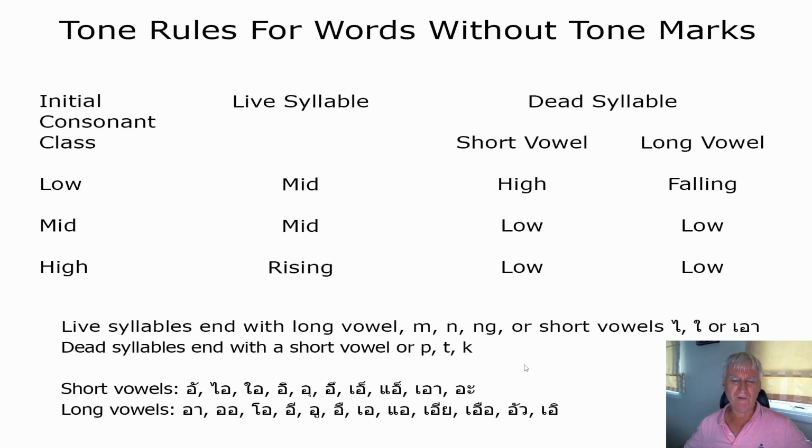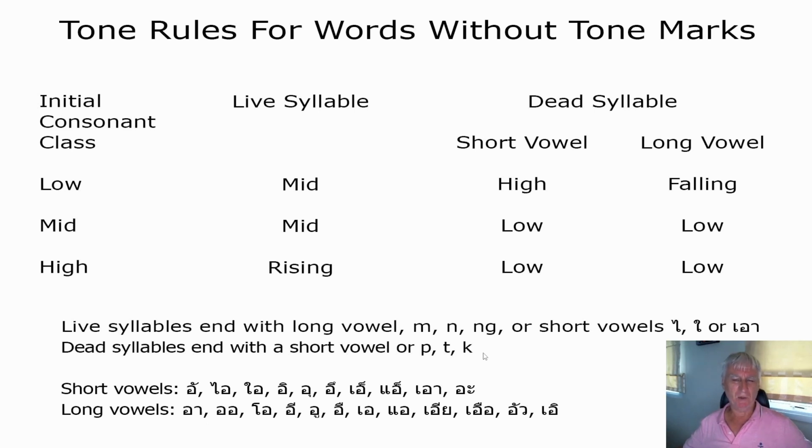With the live and dead syllables, there's a way that I use to determine if a syllable is live, which I'll go through in a minute. But technically, any syllable that ends with an M, N or NG sound, or one of the short vowels, is a live syllable. And a dead syllable ends with a P, T or K sound.